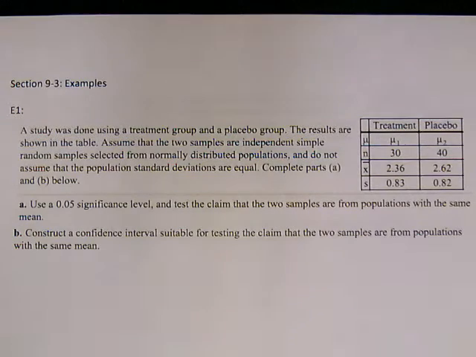Assume that the two samples are independent simple random samples selected from normally distributed populations, and do not assume that the population standard deviations are equal. Complete parts A and B below. In part A, you're to use a 0.05 significance level and test the claim that the two samples are from populations with the same mean. And in part B, construct a confidence interval suitable for testing the claim that the two samples are from populations with the same mean.